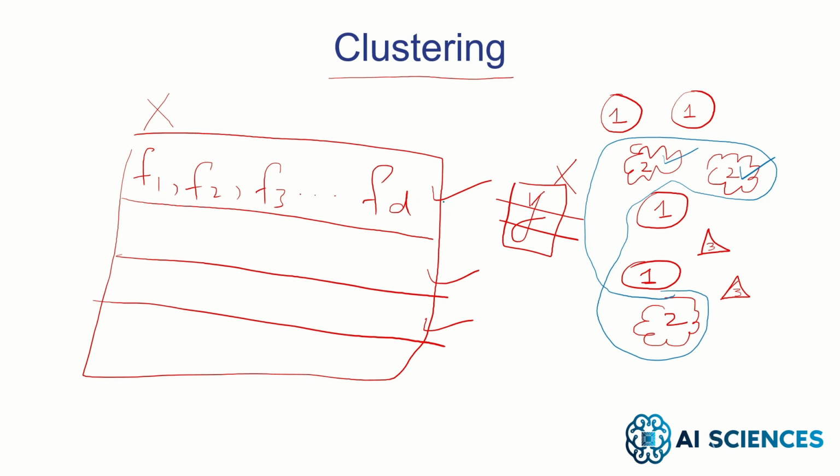If the categories or the labels were available earlier, the grouping would have been done already, because the labels actually define the grouping. But here we need to come up with these labels based on the similarity among the different objects.